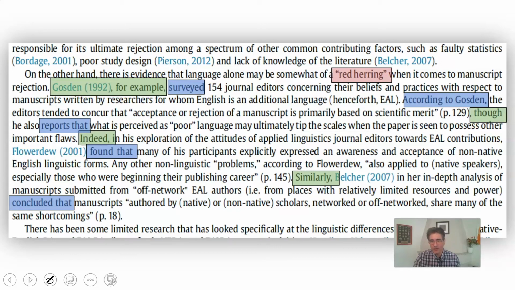The blue here, according to Gosden, reporting that, Flowerdew found that, concluded that, all of those reporting verbs are basically me referring to the original ingredients, the original raw tomatoes. And then the other stuff, the green, for example, me saying indeed, me saying similarly, is me mixing those things together. It's adding my own flavor to that red herring sauce.